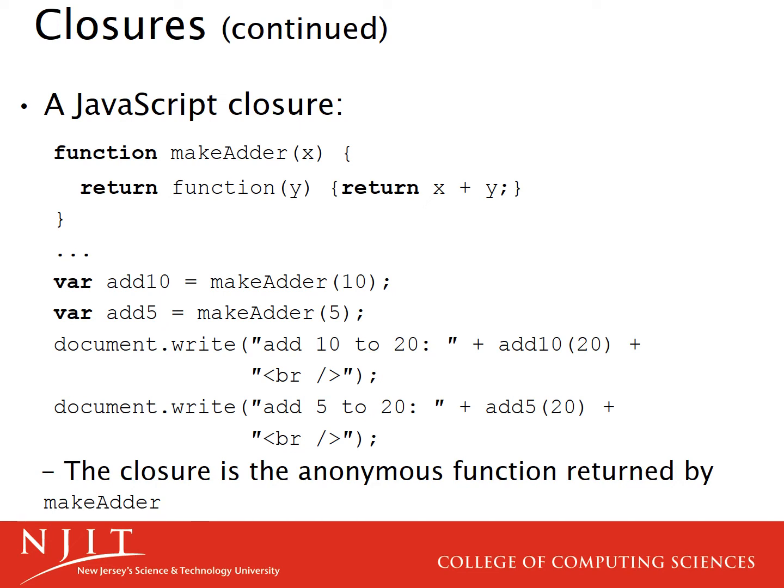So makeAdder of 10 calls makeAdder, which makes a function that returns 10 plus whatever argument is passed to that function. makeAdder of 5 makes a function which returns 5 plus y, whatever the argument is passed to that function. So you can see here that this JavaScript code calls add10 on 20. When I add 10 to 20, I should get 30. When I add 5 to 20, I should get 25. The closure is that anonymous little internal function that's returned by makeAdder.